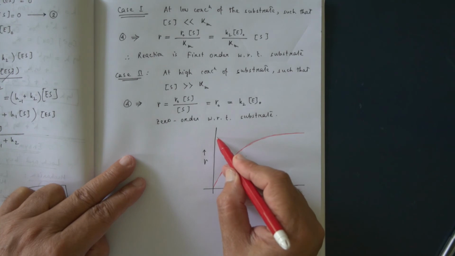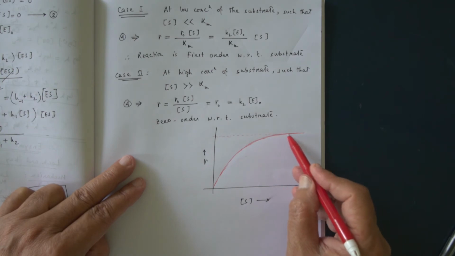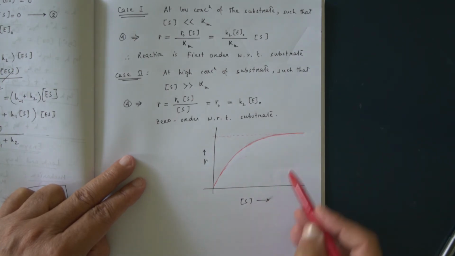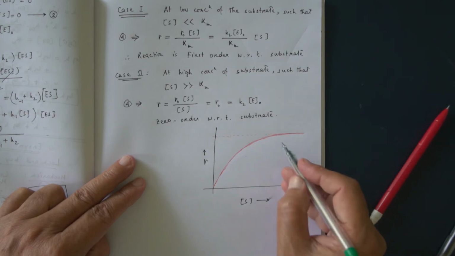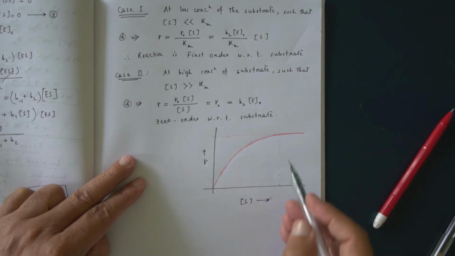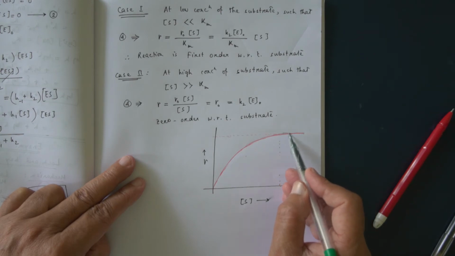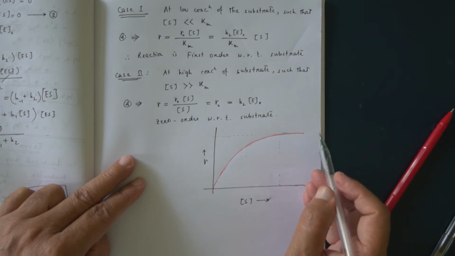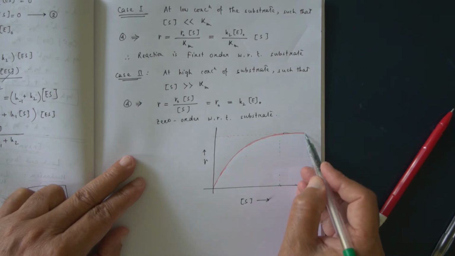Now here you see, after this substrate concentration, the rate of the reaction is independent of the substrate concentration, because it is going parallel. So above high concentration of substrate, the reaction is of zero order.